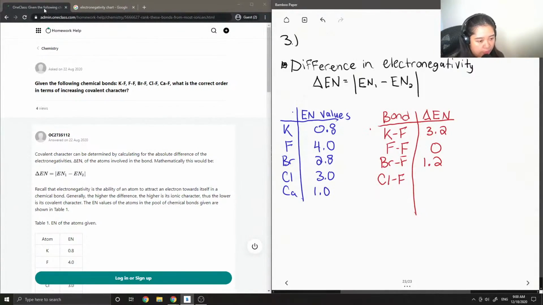Next, for the chlorine-fluorine bond, it's 4 minus 3, so it's just 1. And then lastly, a calcium fluorine bond has a difference of 4 minus 1, so it's 3.0.